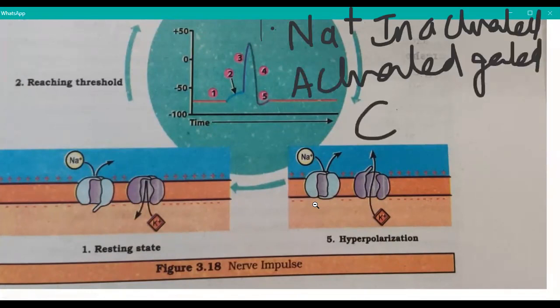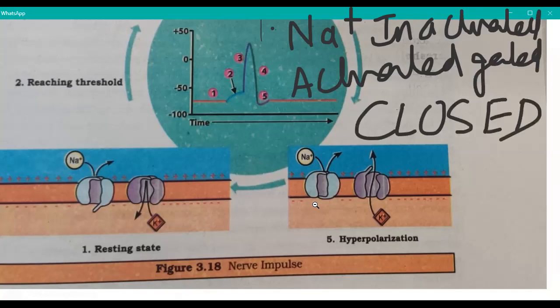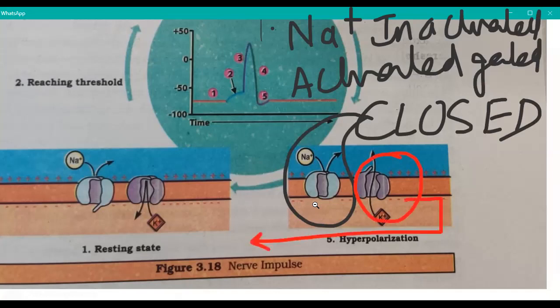Shall I show you? This is the area. Both are closed. Then observe this area. Potassium voltage gated channels are open, because that's what we are saying.